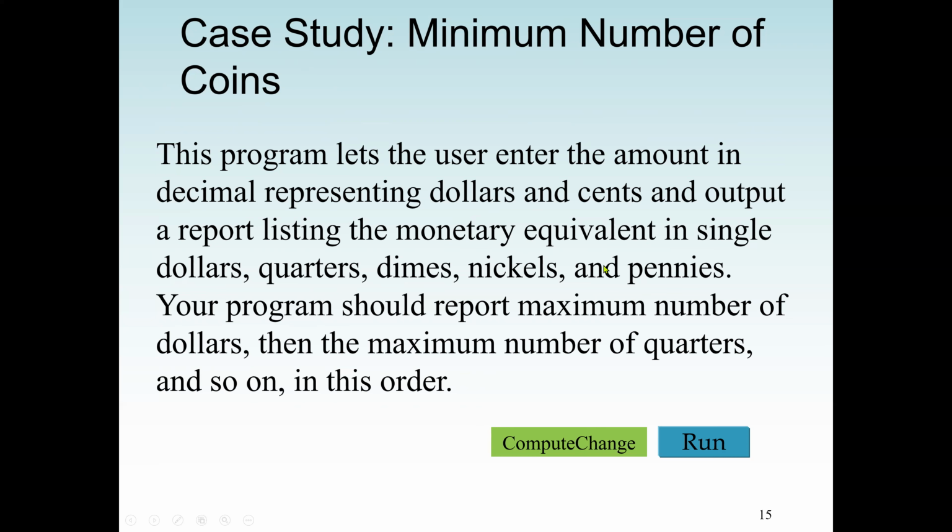So what we mean is that, for example, the user may enter an amount, let's say $5.60. How many dollars are we going to get, how many quarters, how many dimes, nickels and pennies. Next, the program should report the maximum number of dollars, then the maximum number of quarters, and so on.